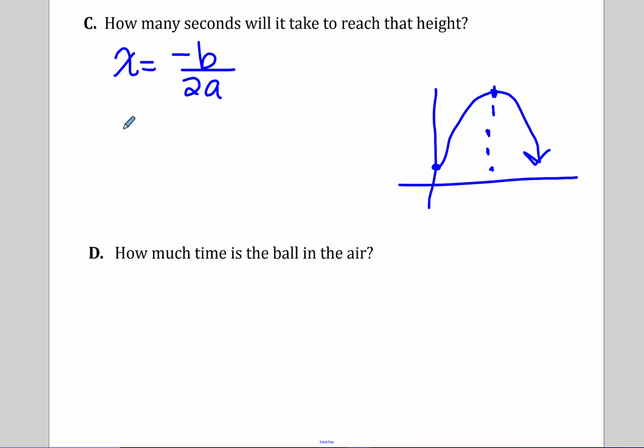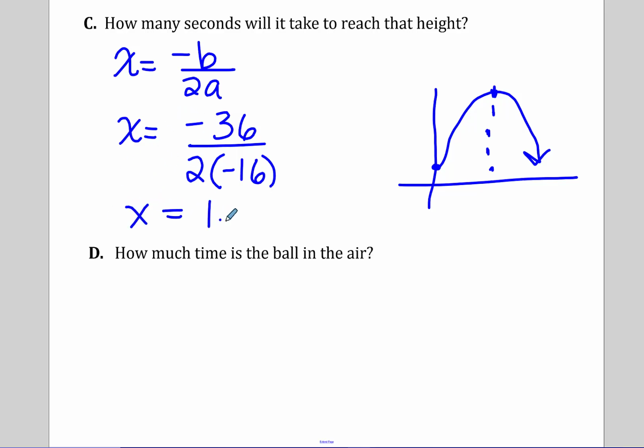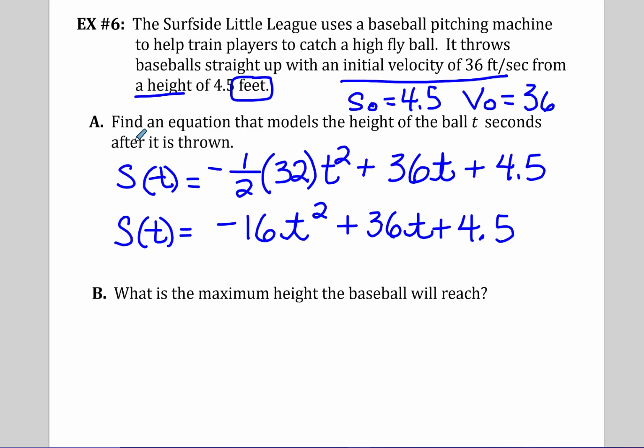Well, our B value was the velocity, and our A value was the negative 16. So on my calculator, I'm getting 1.125 seconds.